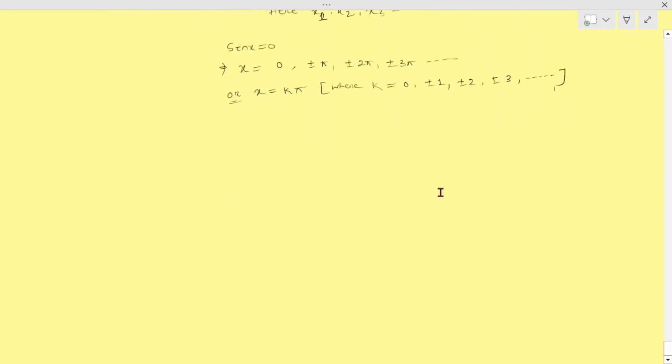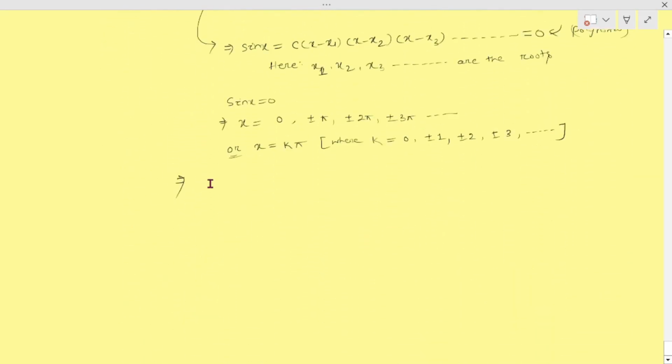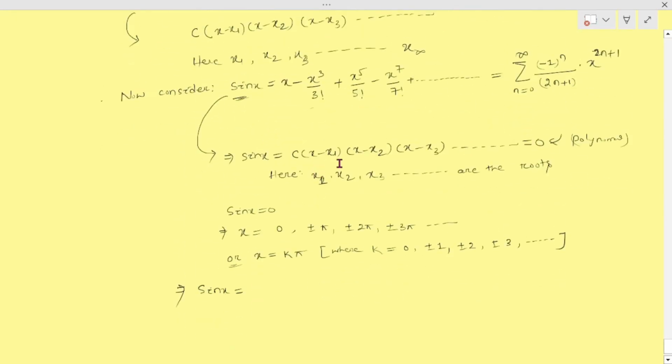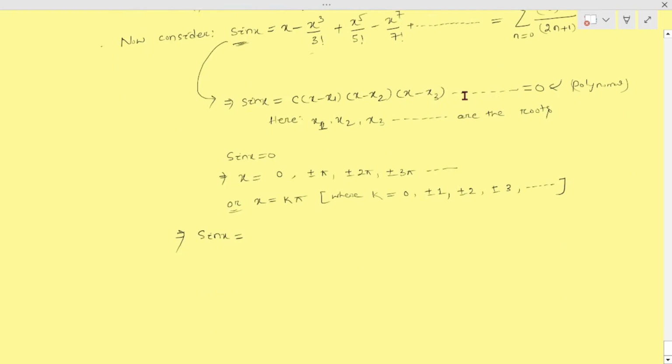Now that implies sin x will be written as this polynomial c into (x minus x1)(x minus x2) and so on, equal to 0.